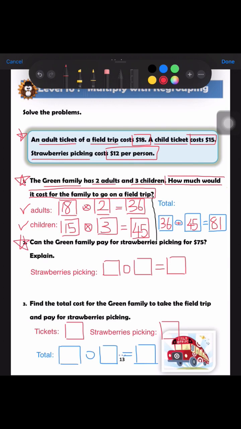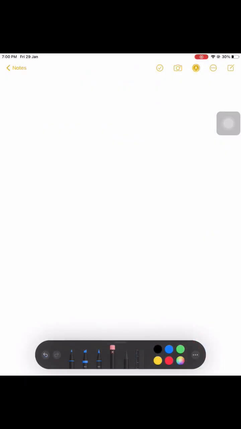Okay, and then question 2. Can the Green family pay for the strawberry picking with $75? Okay, let's calculate the cost together. So there are 5 people, and each person costs $12. So 12 times 5.